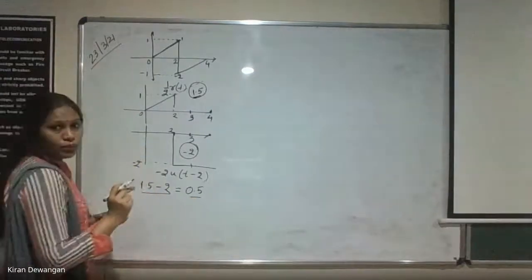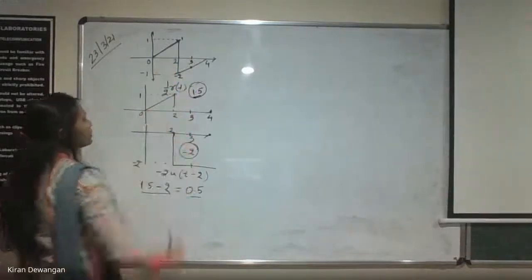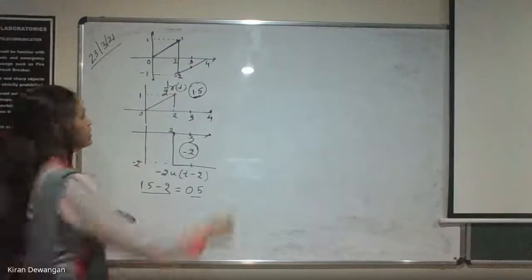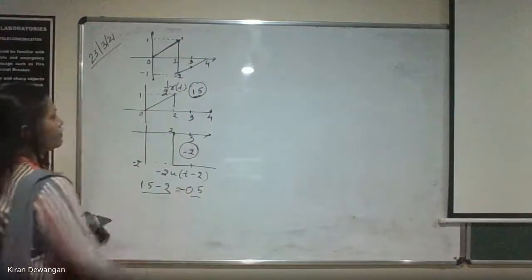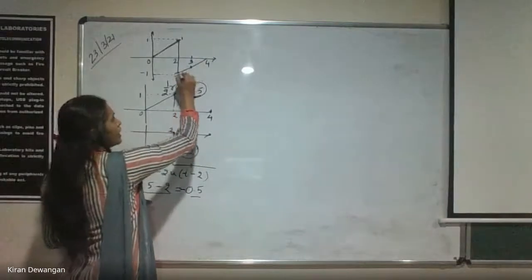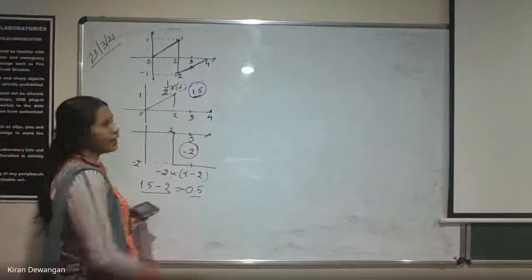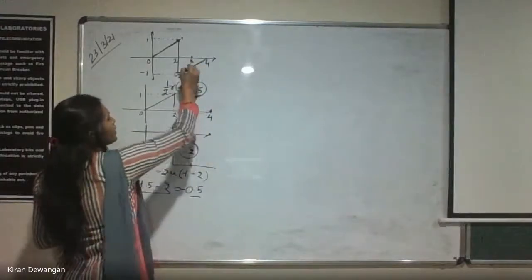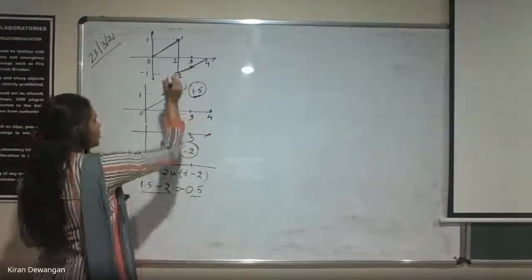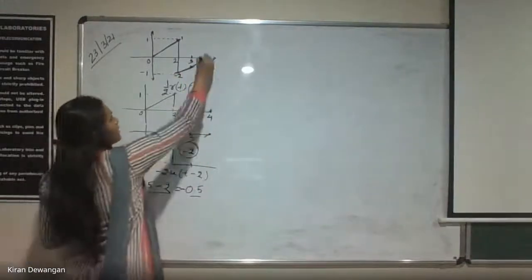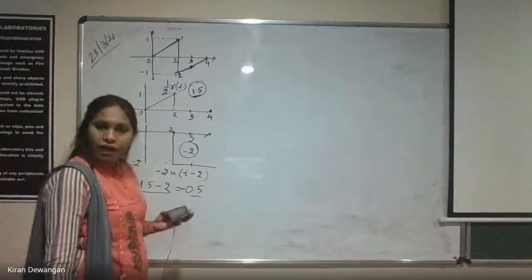What do we actually want? We want the same. Here if we look at this signal, it is actually -0.5, right? At 3 this value is -0.5 because at this point the value is -1. At this point it is 0. So at this point it will be -0.5.